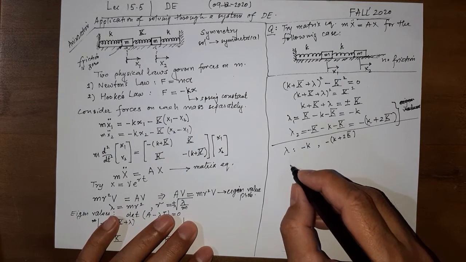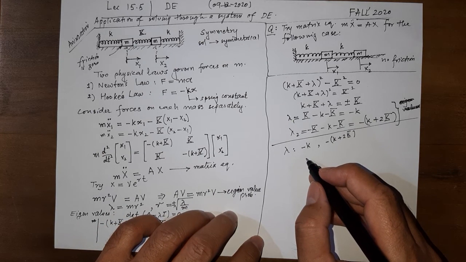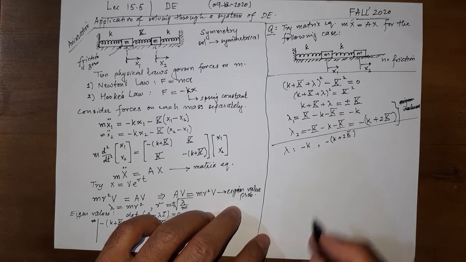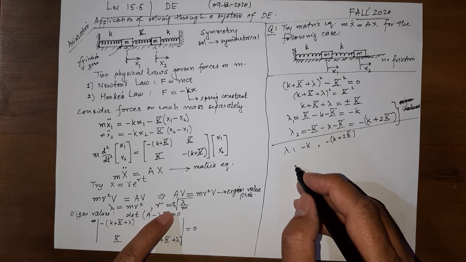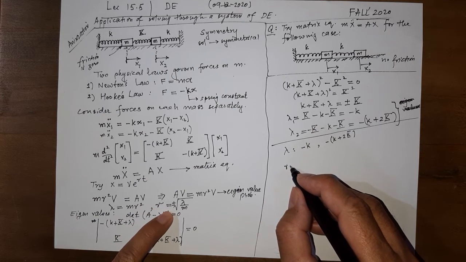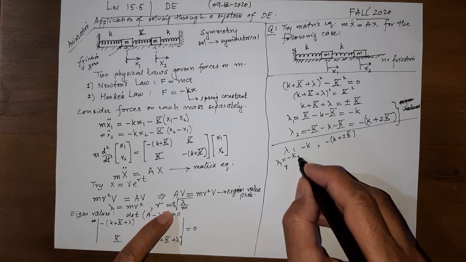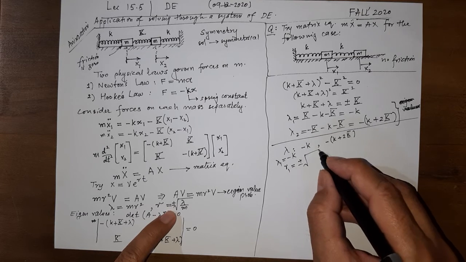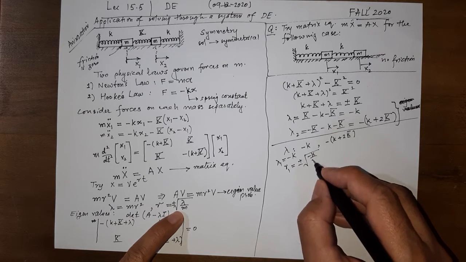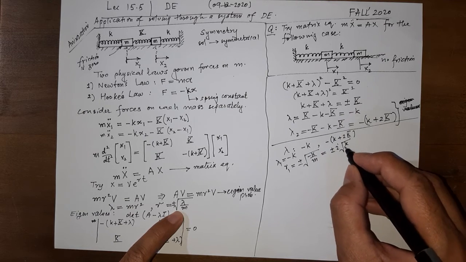Okay, so let us find the eigenvectors. So we can compute and find the eigenvectors. By the way, these are the eigenvalues, and we have seen that R is equal to, so R for lambda 1, R1 would be equal to plus minus square root of minus k over m, which would be plus minus iota square root of k by m.